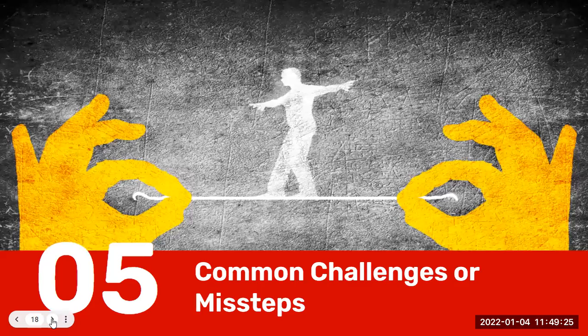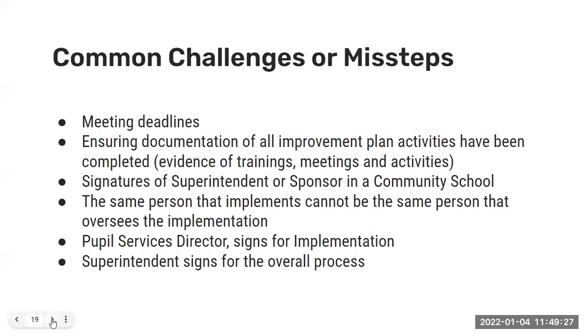Okay, some common challenges or missteps that I've seen doing the alternate assessment indicator last year and the previous year. Meeting deadlines: we want to get our items uploaded into the monitor by those deadlines or before. Ensuring all documentation of improvement plan activities has been completed.